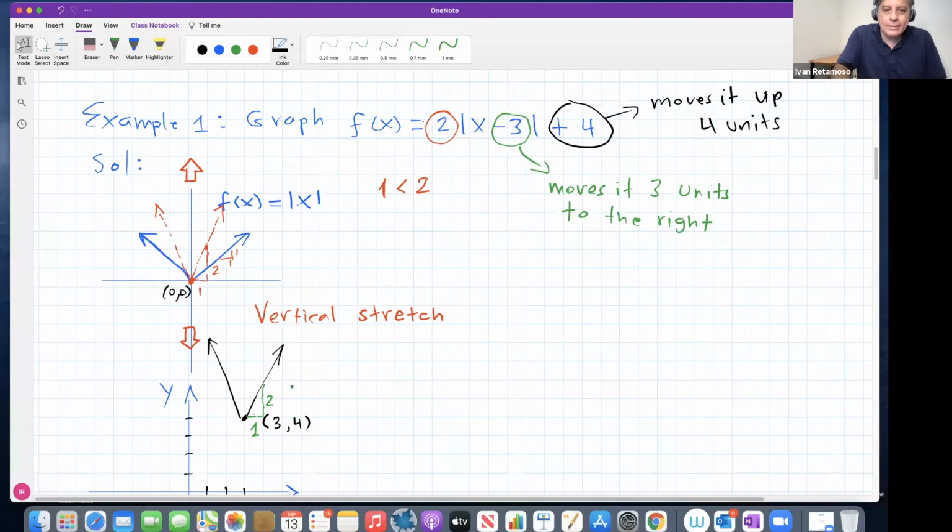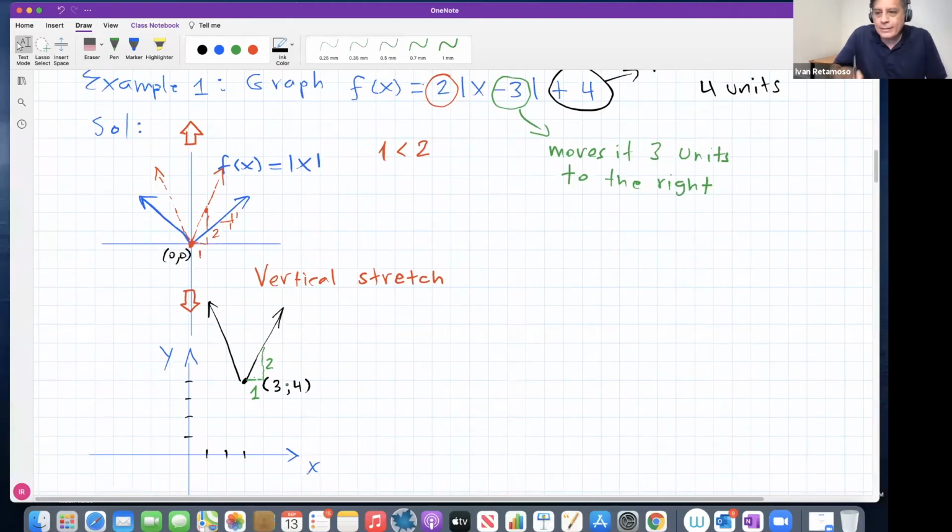Follow, guys? So this is the final graph. This is f of x equals 2 times absolute value of x minus 3, plus 4. Very good.